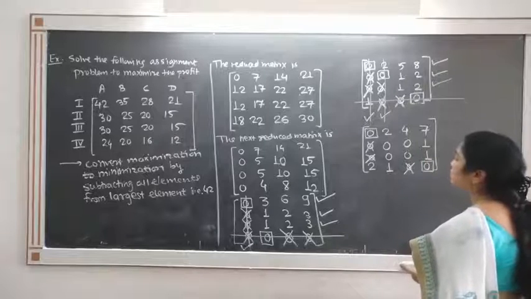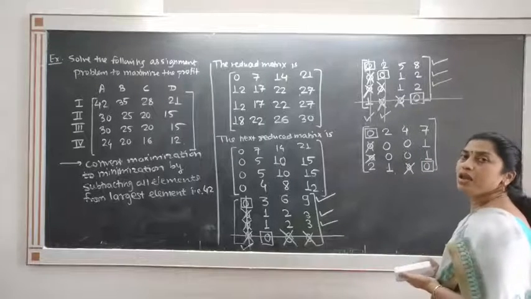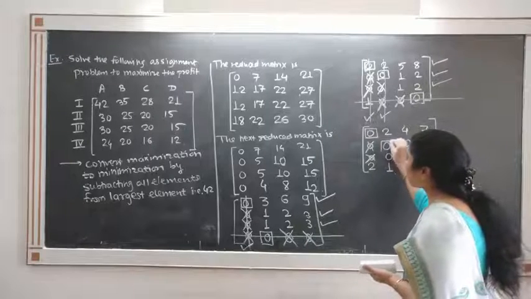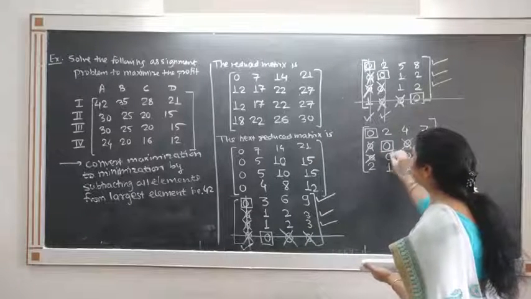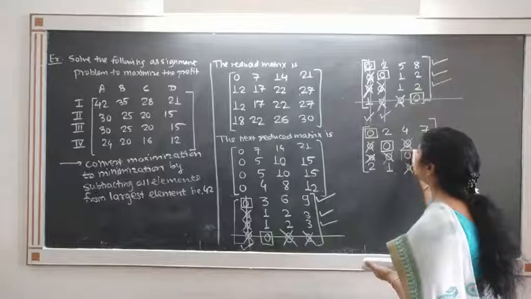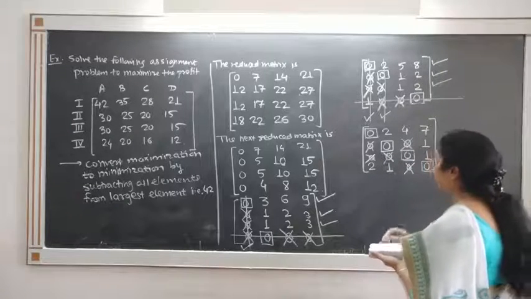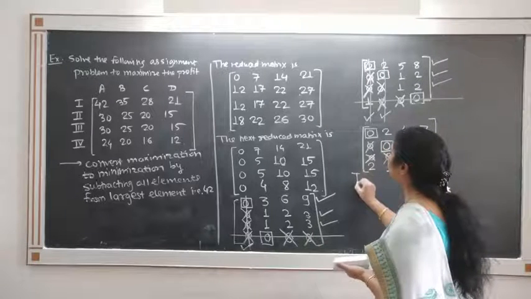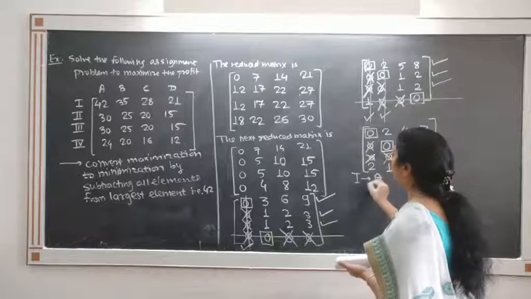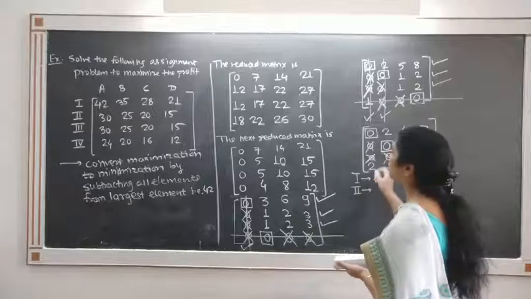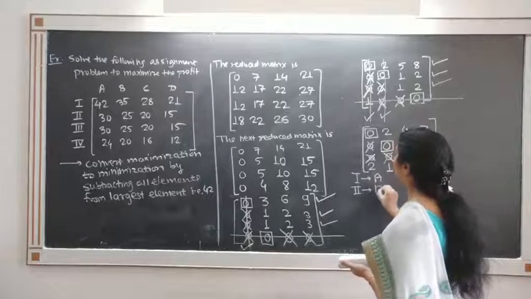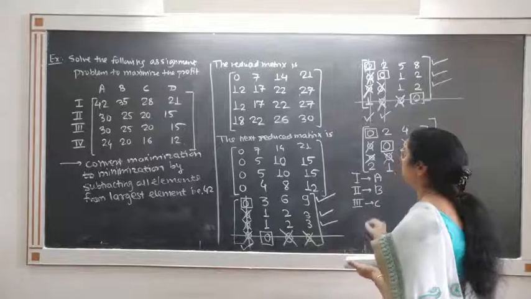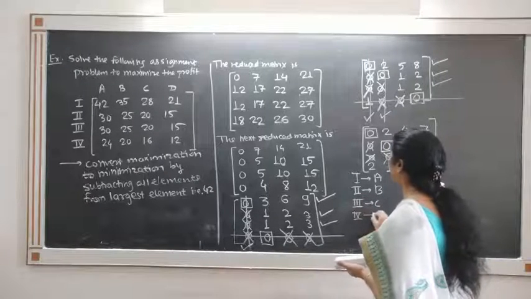Now there are no single zeros, so multiple assignments exist. You are able to box this, at the same time cross out this, and then box this single zero. So what we get, the optimal assignment is: first assign A, second assign B, third assign C, and fourth assign D.